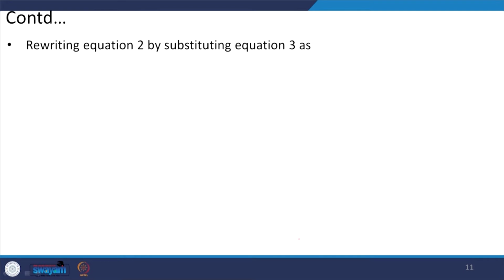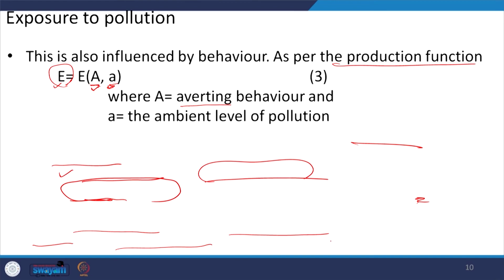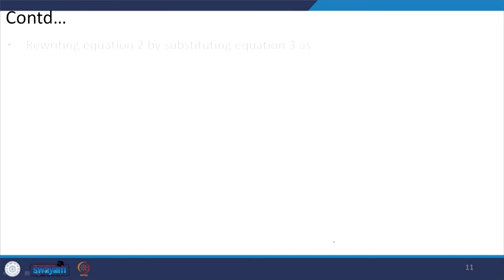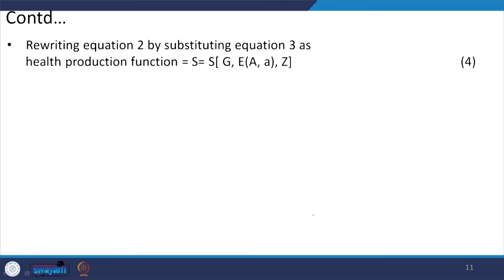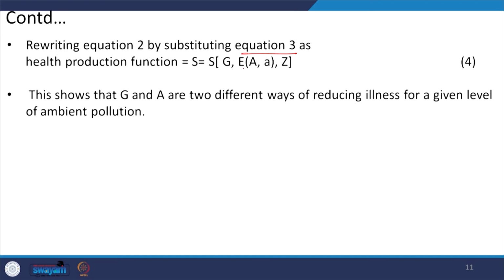And again, we have to rewrite this health production equation, because now we understood what the exposure to pollutions is. We will now substitute equation 3 in equation 2 in order to find the health production function.